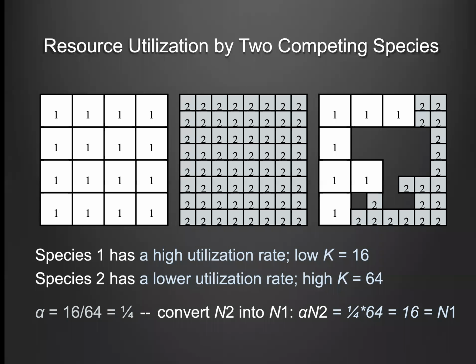It's kind of like a pizza, or a square, right? But some people cook square pizzas. If you eat a smaller piece of the pie, then more people can eat off of it. And so you can see how there's a direct correlation between the utilization rate and carrying capacity.